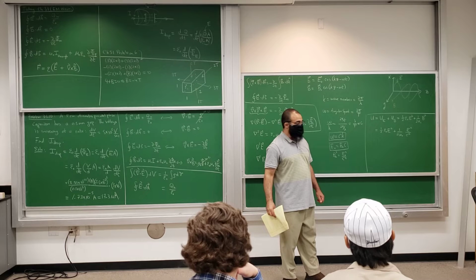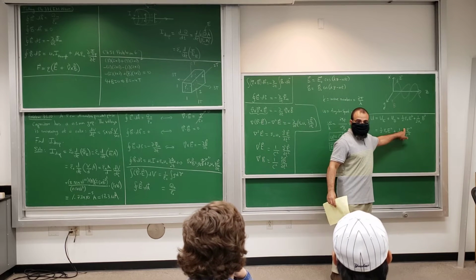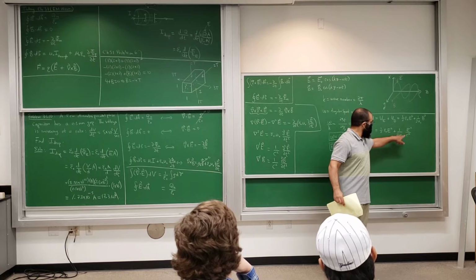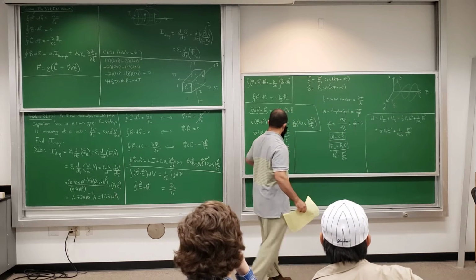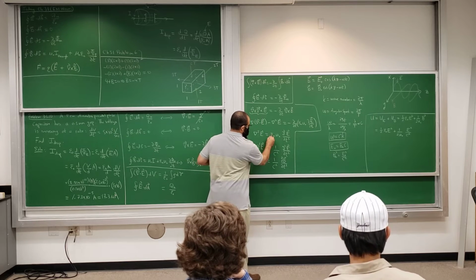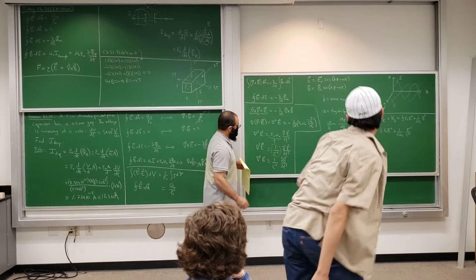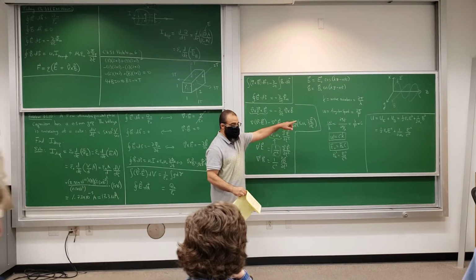Does that make sense? Because what is 1/C squared? It's epsilon naught mu naught. You can cancel the mu naught, right? Because what did we say? Epsilon naught mu naught is equal to 1/C squared. So 1/C squared can be replaced by epsilon naught mu naught.